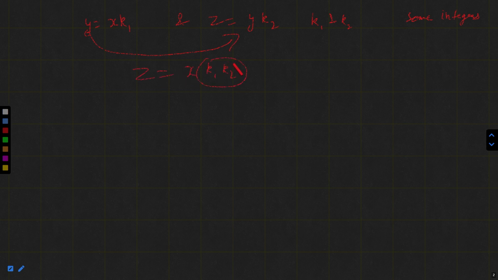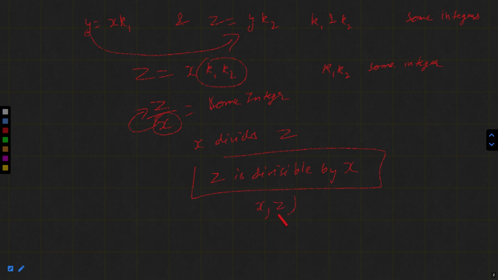The product of two integers will also be an integer. So k1 k2 is my product, also some integer. From this I can say that z upon x equals some integer. Yes, some integer. So this means that x divides z, so z is divisible by x.